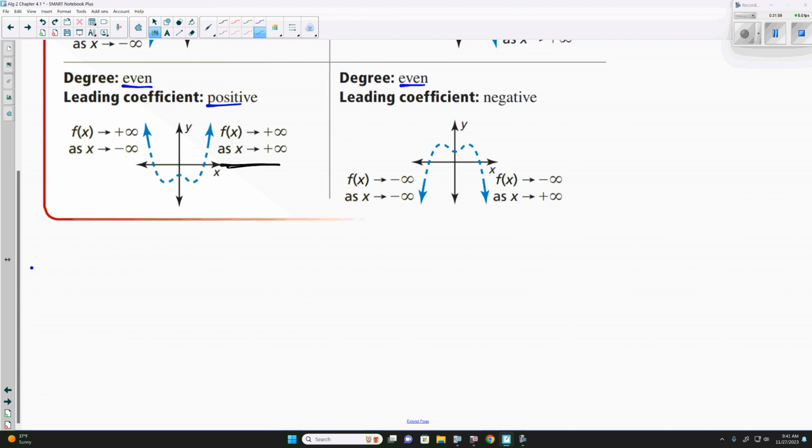So it's saying as we plug bigger and bigger values of x, as we evaluate it for x, and the leading coefficient's positive, the y values are going to be really big positive numbers. In either case, if I plug in a really big negative number or a really big positive number, the y value will be positive, big positive numbers. Or vice versa, if the leading coefficient's negative, we're going to get really big negatives for the y's. They're going to go down. Questions on this here?